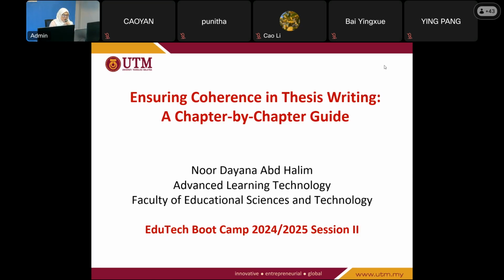I want to share this because as an examiner and also as a supervisor, I quite frequently tell my students that this kind of thing is wrong, and what they should write instead. So I want to share how to make sure that the thesis you write is coherent chapter by chapter, from the beginning until the end.